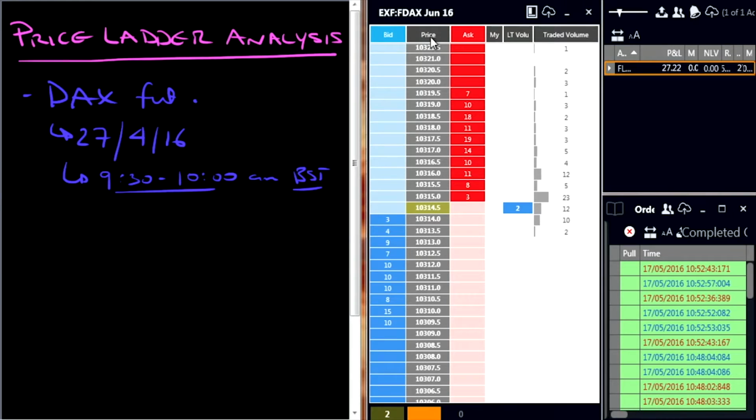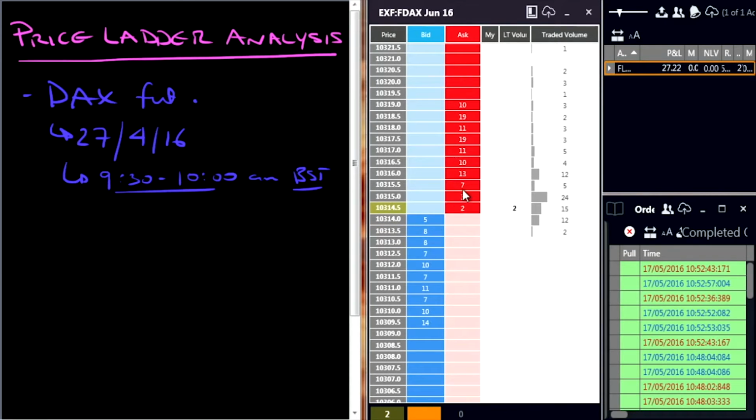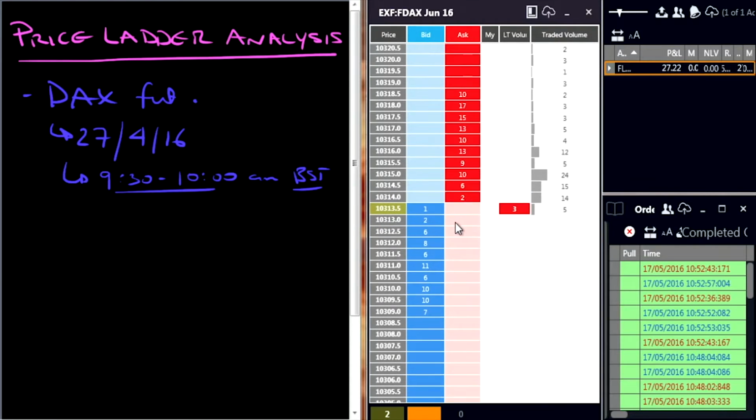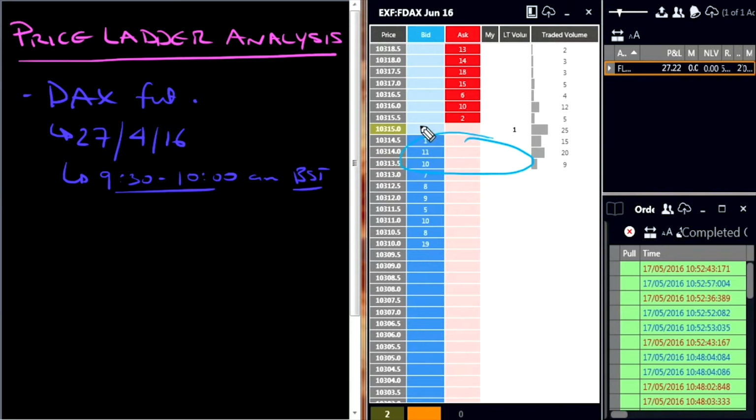I know a few people that shift their price column over to the left, in which case you've got your bids and your offers right next to each other, and you can have all the information that you need in a very small real estate area of your screen. So you've got basically everything you need right here: what your bids and your offers are doing, and your last traded in here with your volume profile just on the right. So let's take a look at what's going on here.